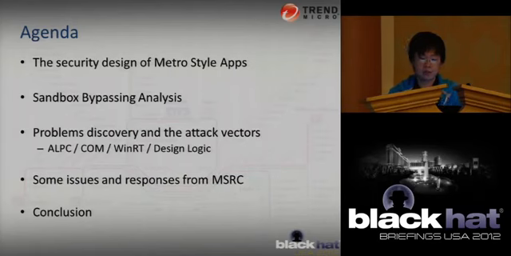Then we will analyze the problem from different points of view, from low to high layers, including ALPC, COM, WinRT, and design logic. We will disclose some problems we have discovered, which we have already reported to MSRC, and we will also describe some responses from MSRC.